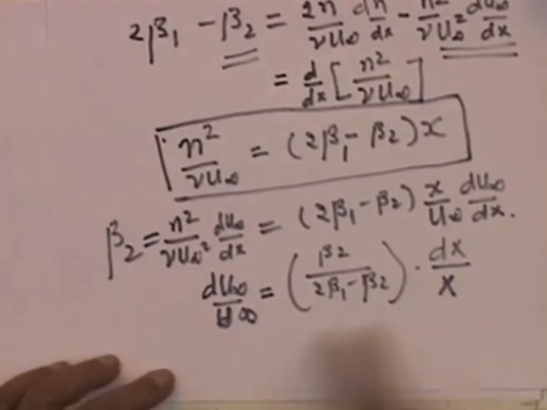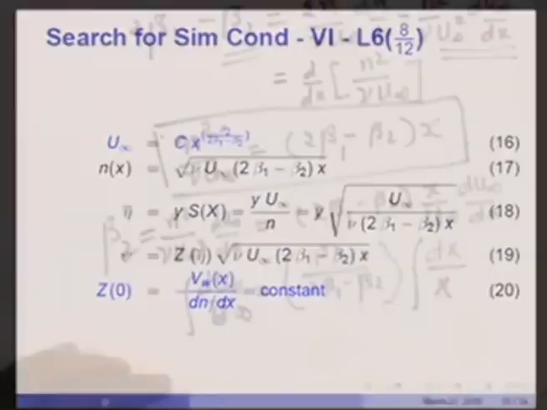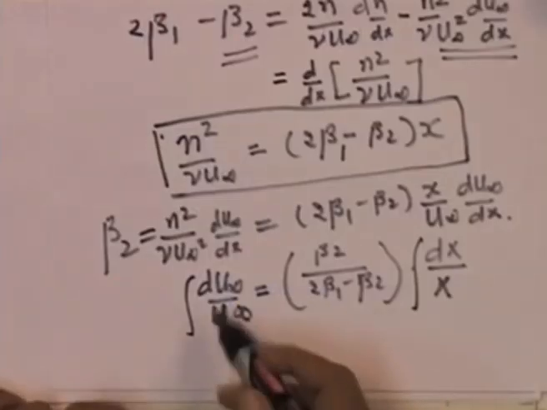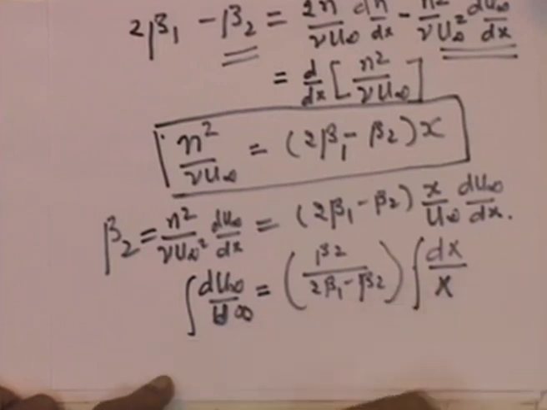So, if I integrate this, it gives me the first similarity condition, that u infinity must vary as c x raised to beta 2 over 2 beta 1 minus beta 2. If I integrate this from 0 to x, you will see ln u infinity will be a constant times ln x, and therefore, the relationship follows.